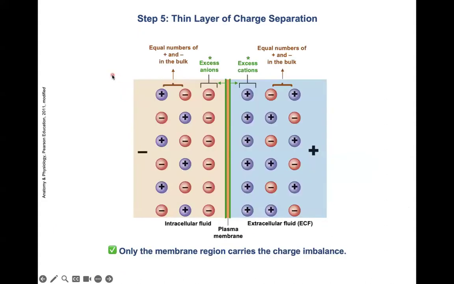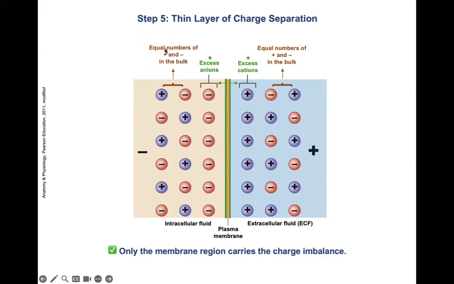The last step, step 5. Thin layer of charge separation. It is important to note, again, that the resting potential does not mean the entire cytoplasm is negative. The bulk of intracellular and extracellular fluid remains electrically neutral.